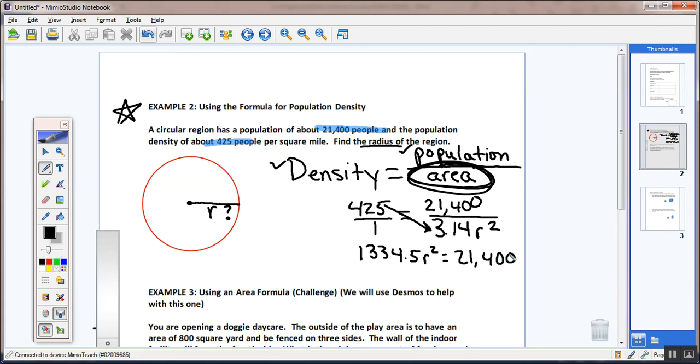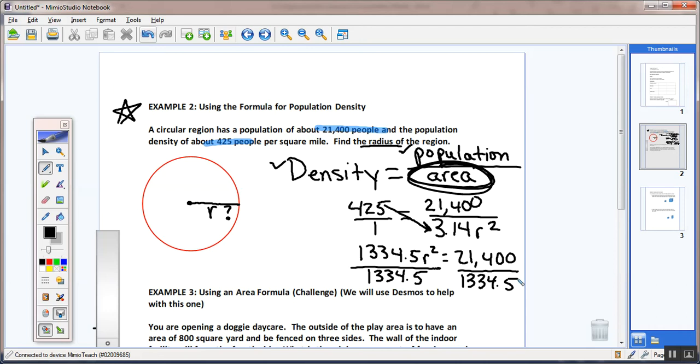Kids, given a circular region, and understanding that density is population divided by area, are we in a situation where we can work this equation to figure out what our radius is now? What steps are going to be necessary to solve now? Yup, divide both sides by 1,334.5.